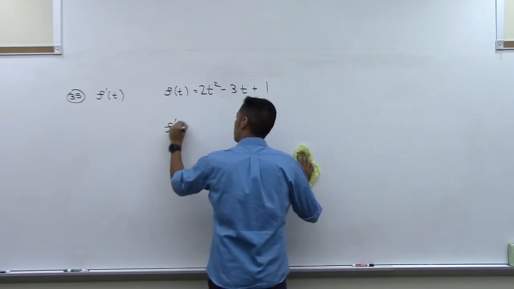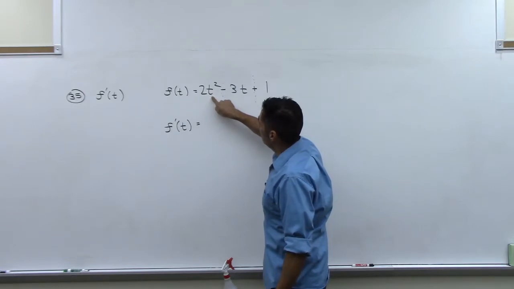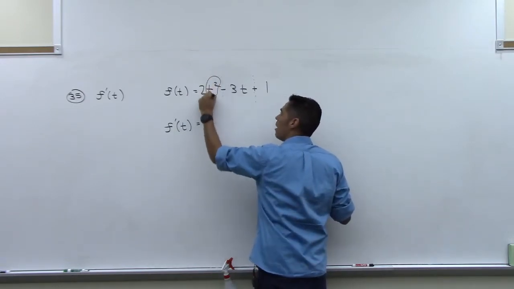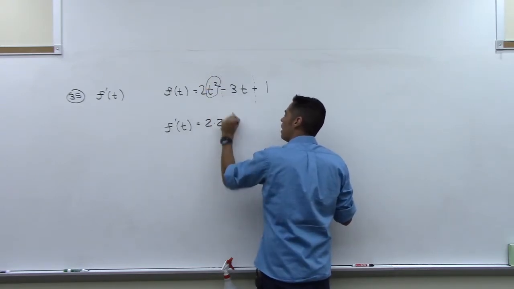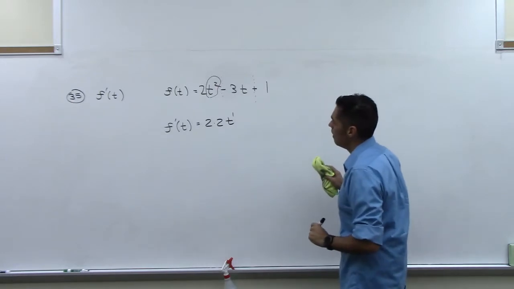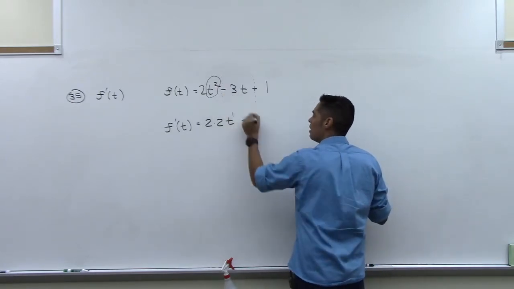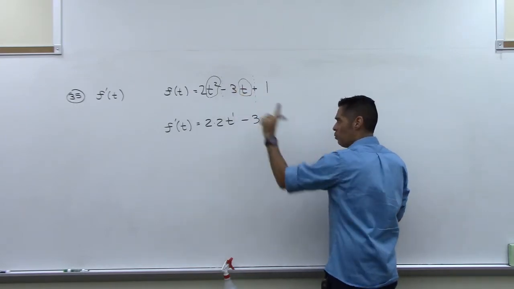F prime of t. Okay, so here we've got 2 times some function. So I'm just going to bring the 2 down. Now, the derivative of t squared, 2 comes out front. I reduce the power by 1, and 2 minus 1 is 1. Then I have minus, let's do this one this way. The 3 comes down, times the derivative of t, which is just 1.